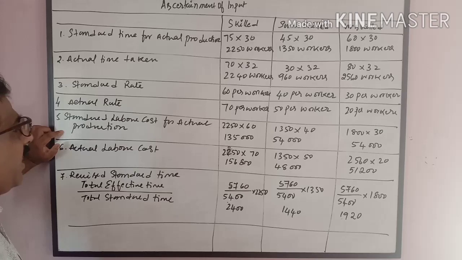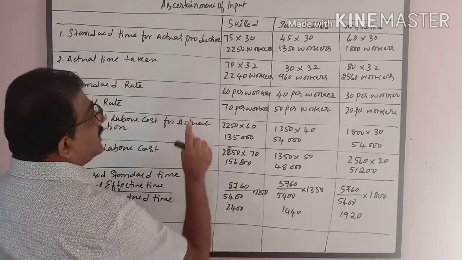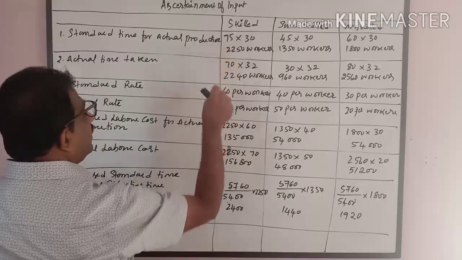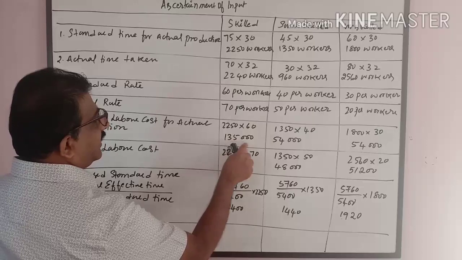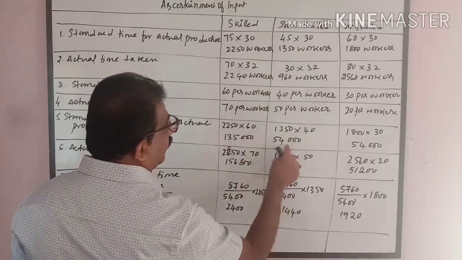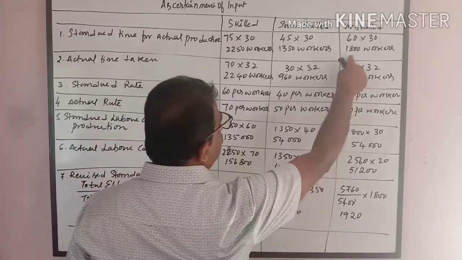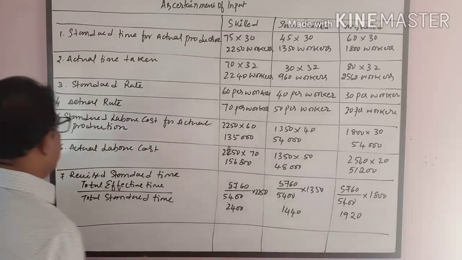Standard labor cost for actual production: 2250 into 60 rupees, that is column 1 and 3 multiplied. 2250 into 60 comes to 1,35,000. 1350 into 40 comes to 54,000. 1800 into 30 comes to 54,000.